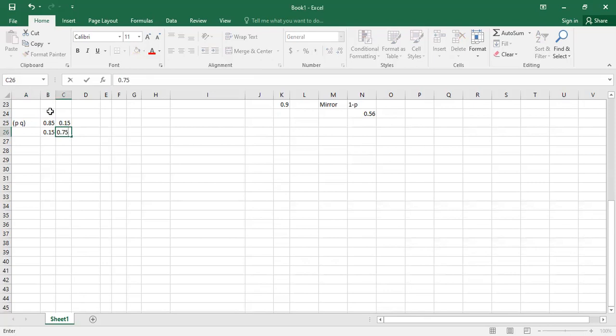So this is our transition matrix, the T. This will now give us the equilibrium state before the advertising campaign, right?